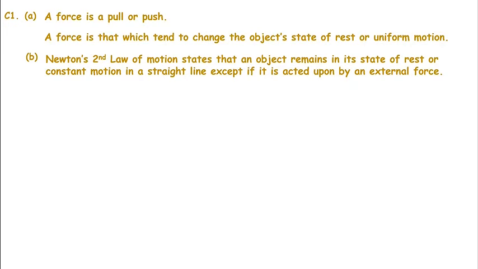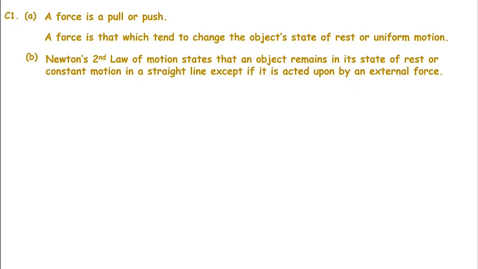The second law of motion says that the acceleration of an object is directly proportional to the force that produces it and inversely proportional to the mass, meaning acceleration is equal to force over mass. That is the second law.